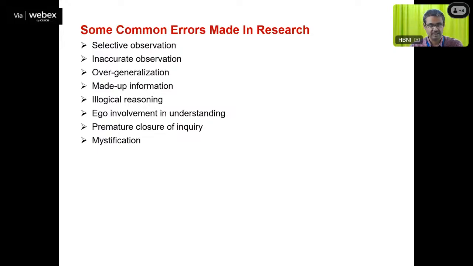Such selectivity is lifted. The second is inaccurate observation. Third is overgeneralization. This sometimes happens with me also. For example, I have got something like this after doping copper, so we assume we should continue getting it over the entire concentration range.